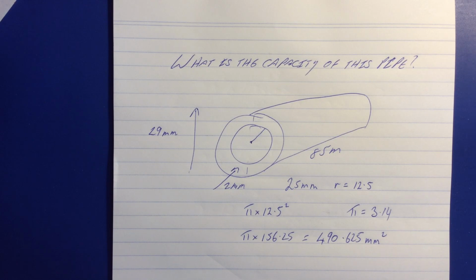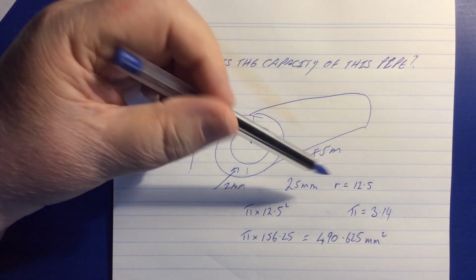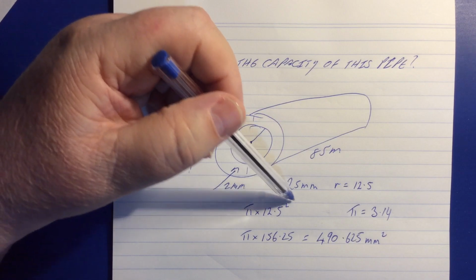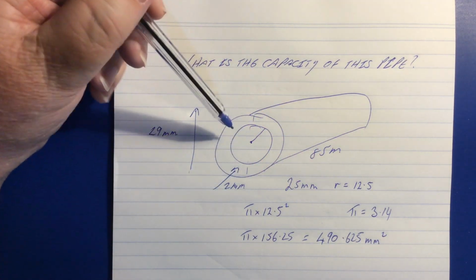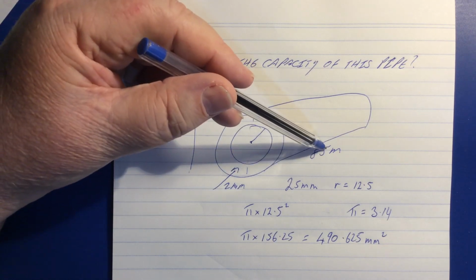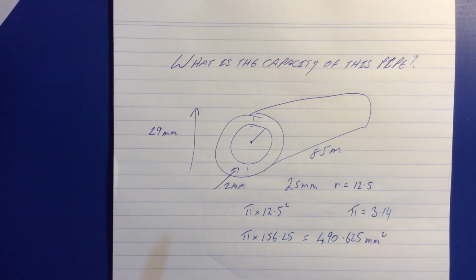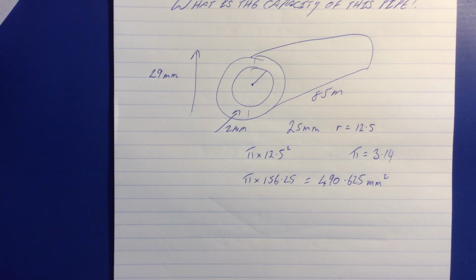So what we really need to do is go back to the drawing board with this calculation and convert our millimeters into meters, because I'd much rather deal with that. So let's do that.